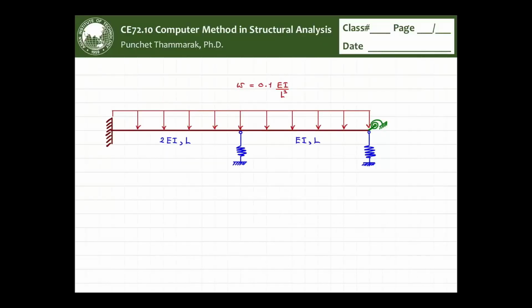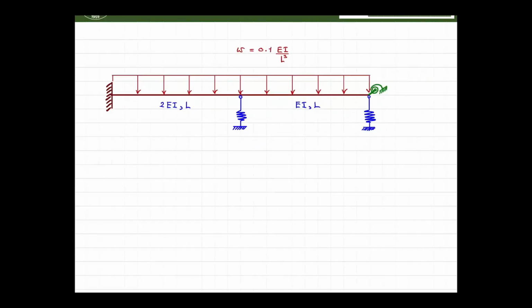And then we have springs. I will make the rotational spring behavior bilinear. Elastic, perfectly plastic might work. And the vertical spring should be sort of polynomial. So let's work on this behavior together.